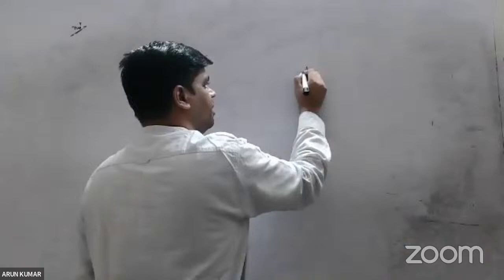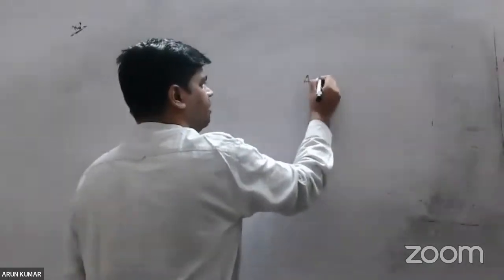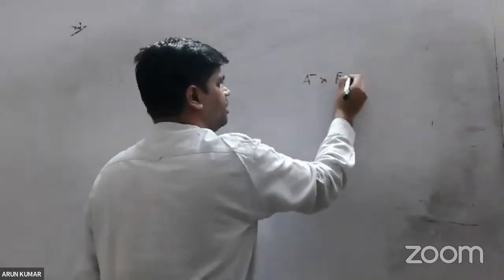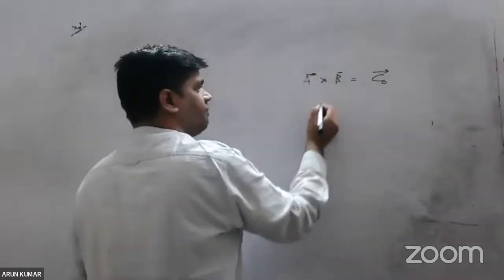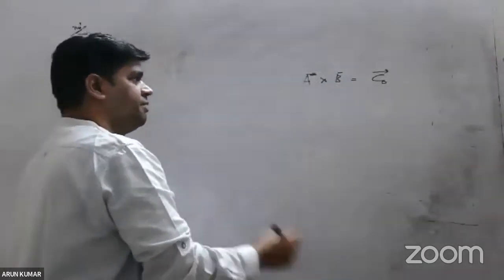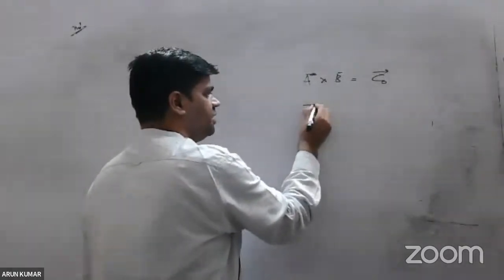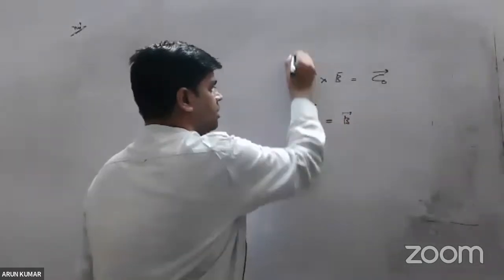Now let's say I've got A bar cross B bar. Follow this carefully. A bar cross B bar is my result C bar. If we define division of vectors, then if I divide C bar by A bar, I should get B bar, right?